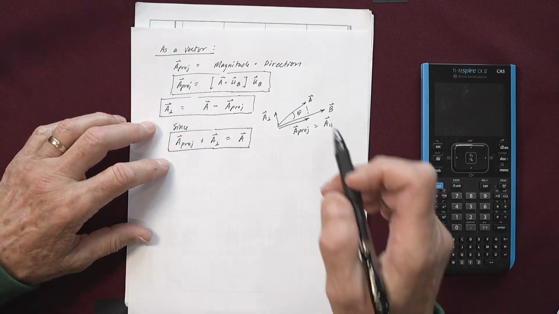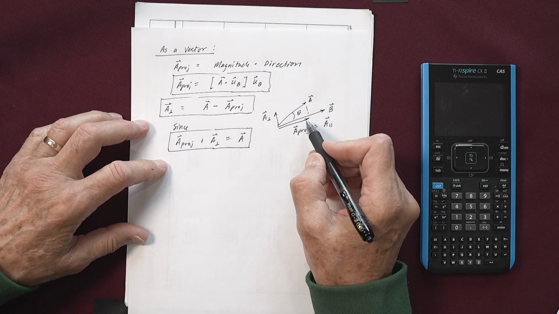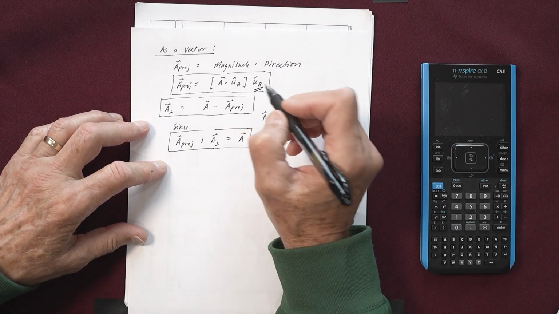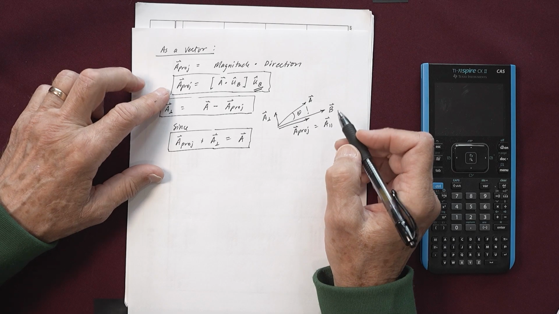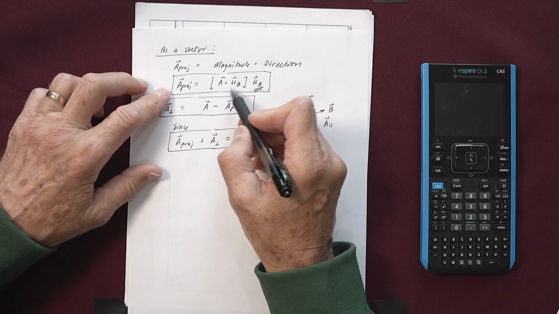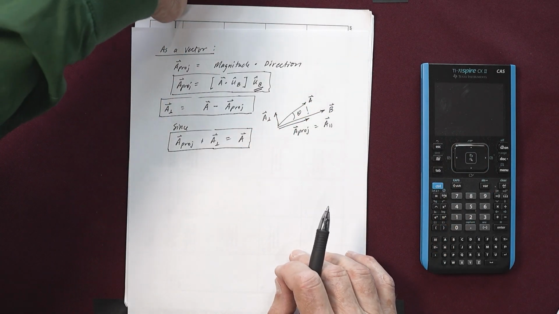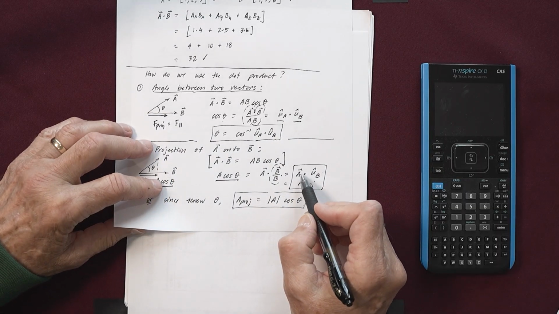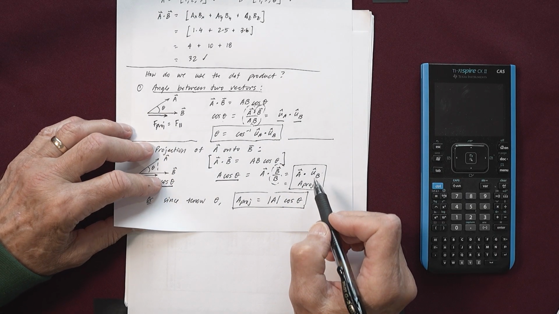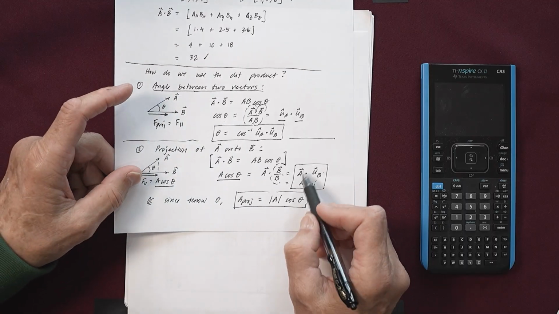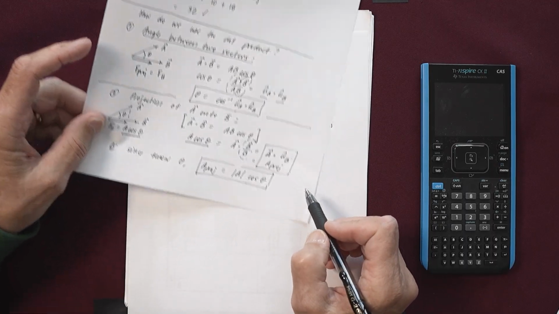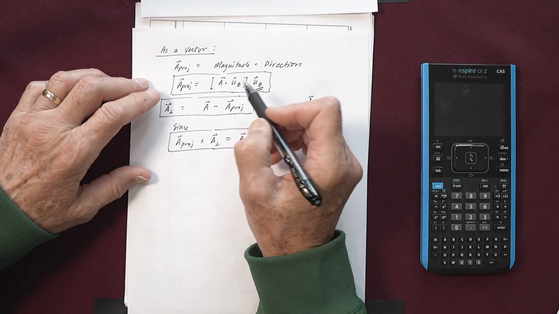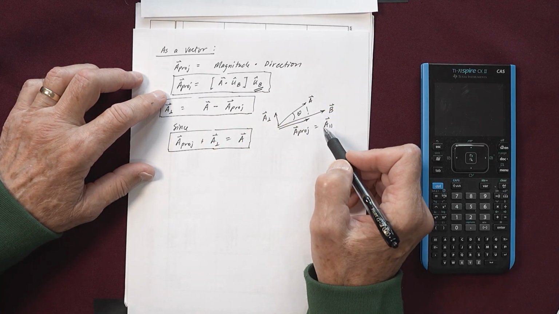The A projection acts along B, so its direction is the unit vector of B. Its magnitude, we saw, is the A vector dotted with UB. And again, the result of that is a scalar. Then you multiply that number times UB, and that gives you the projection as a vector.